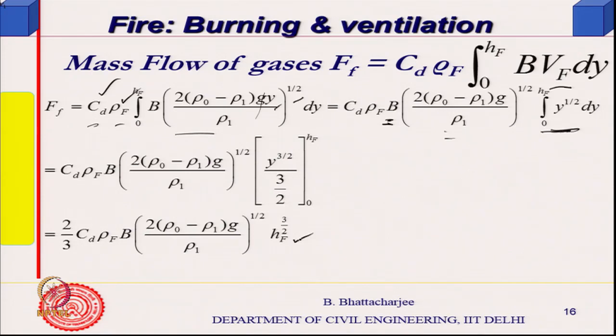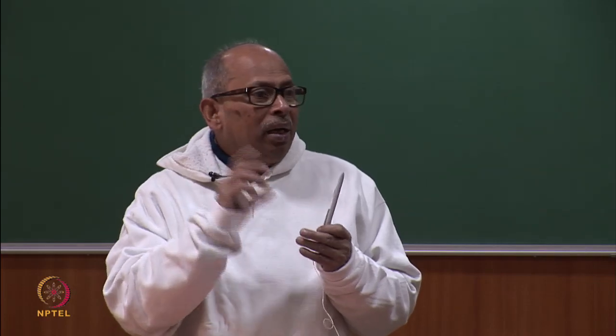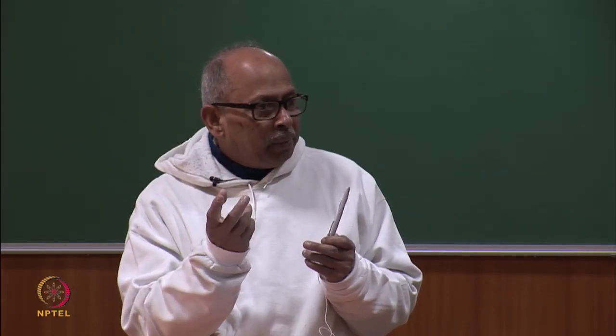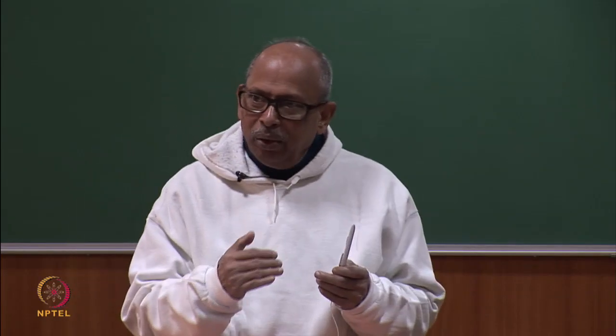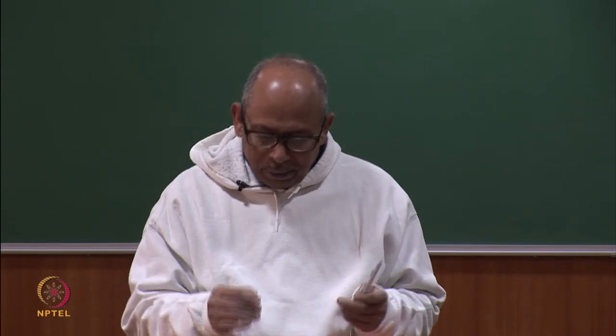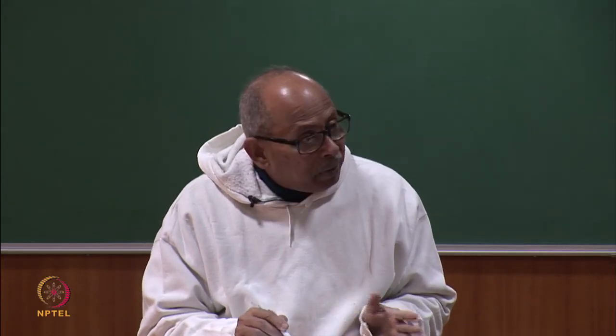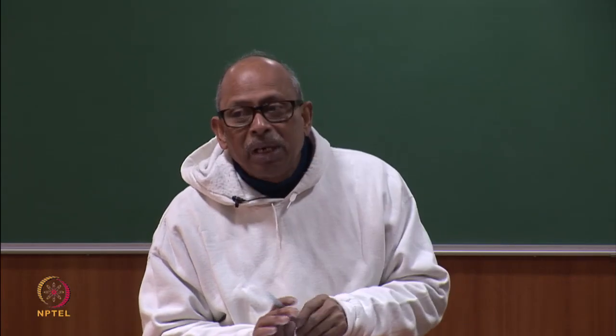Now, B into Hf is what? B into Hf is the total area of the window above the neutral plane. Similarly, B into H0 is the total area under the neutral plane. So, that means Hf multiplied by H to the power half still remains.